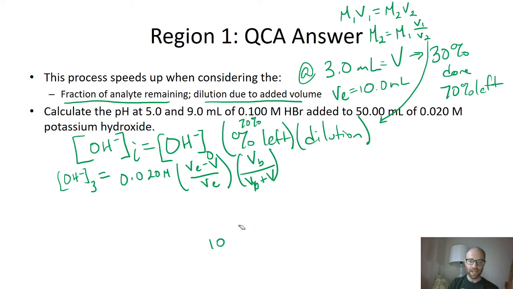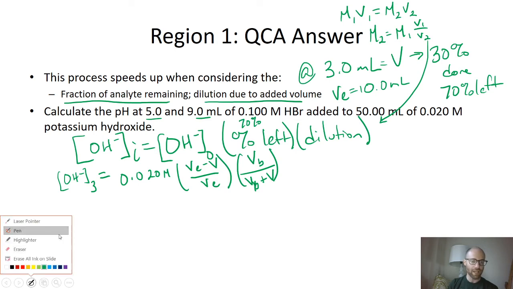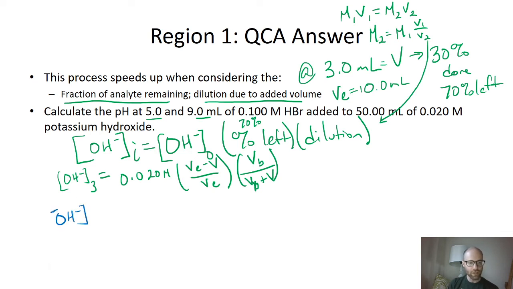What's nice about this formula is we can do this over and over again. If we want to do this at 5 and 9 milliliters, all you have to do is substitute in 5 and 9 for those two V values. So the hydroxide ion concentration at 5 milliliters is equal to 0.020 molar times 10 minus 5 over 10, which again would be 50% or halfway done, which is true when you're at 5 milliliters out of 10, times 50 over 50 plus 5.